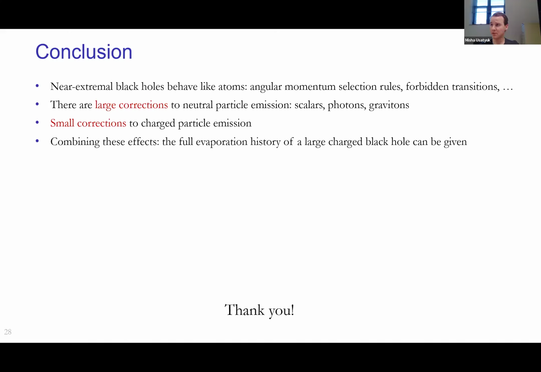And here I've explained how the emission of neutral particles is greatly modified, but the emission of charged particles is maybe surprisingly not very modified by these effects. If we combine all these effects together, we can get the full evaporation history of an isolated large charged black hole in our universe. So thank you.